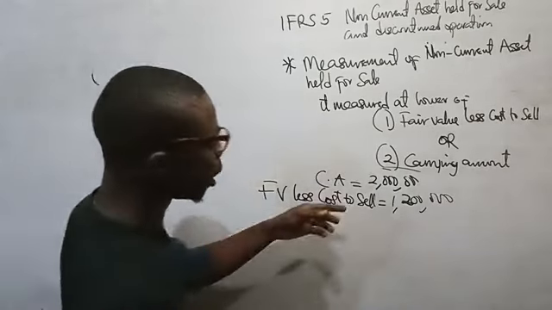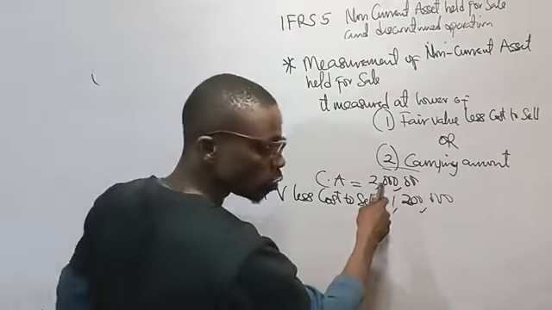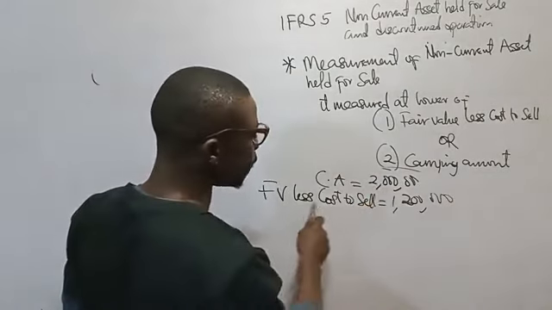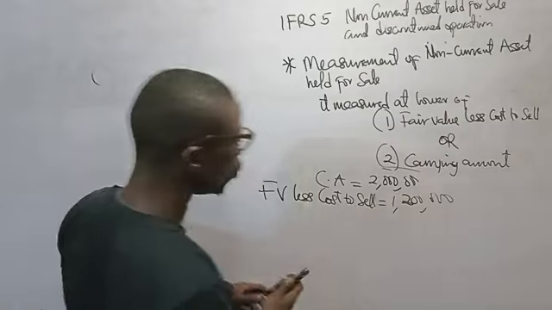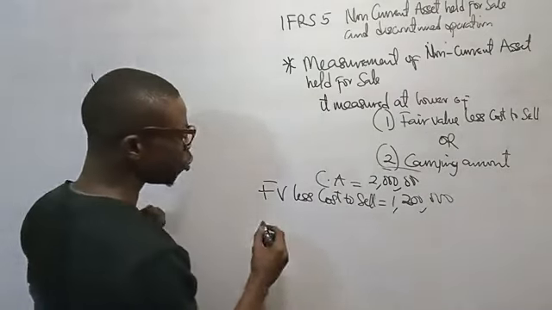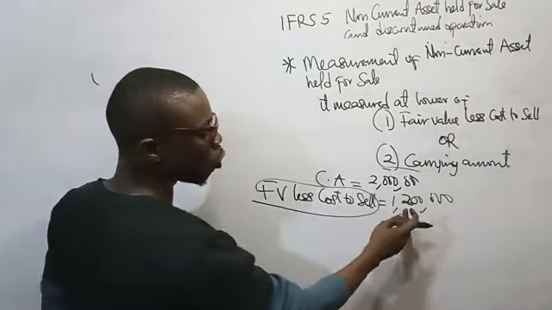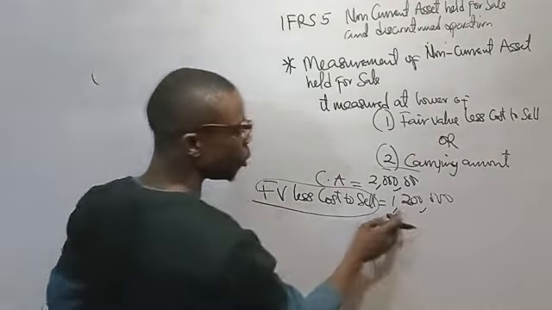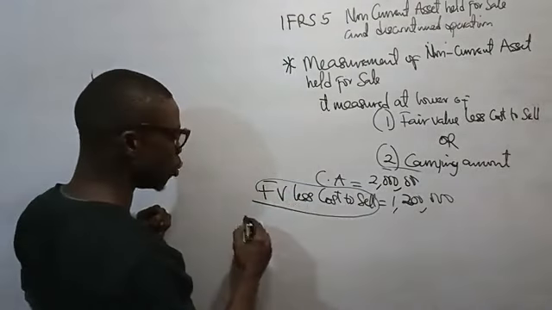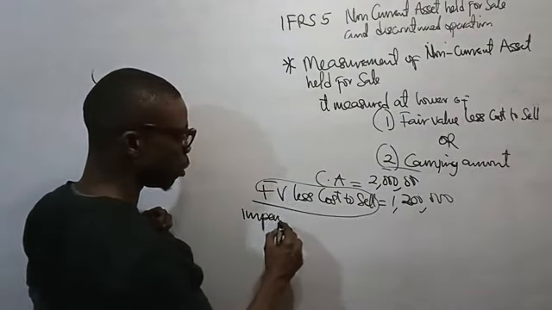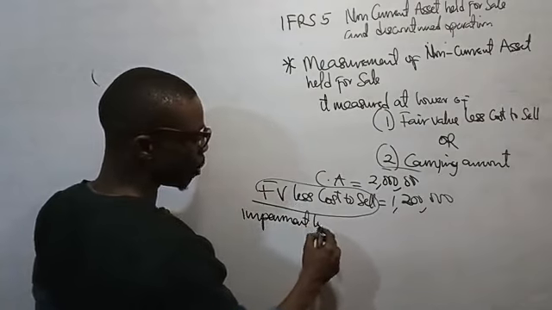Now look at this question. The carrying amount is 2 million, while the fair value less cost of sales is 1.2 million. So which one is lower? The asset will be valued at fair value less cost of sales of 1.2 million. Because fair value less cost of sales is lower, you need to calculate the impairment loss.